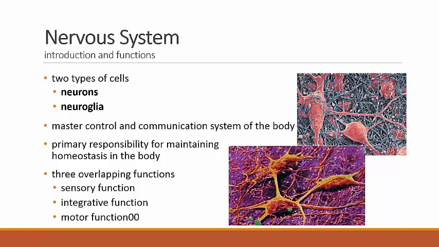And it does this with 3 functions. There's a sensory function, gathering information; an integrative function, taking all this information that's gathered, making sense of it, and determining what the best response is; and then finally, the motor function, which is communicating out what needs to be done in order to maintain homeostasis in the body.